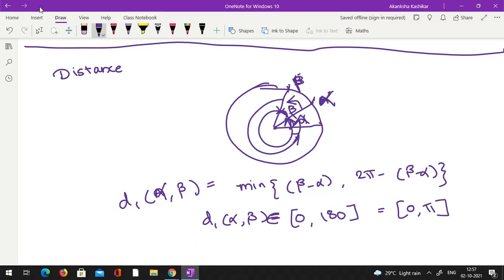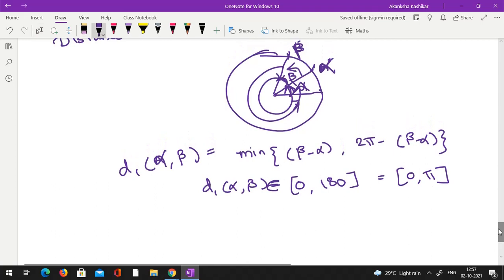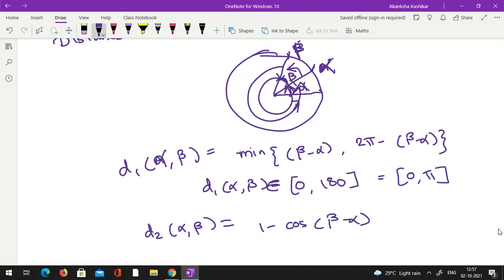This is one way of measuring distance, but there is another way also. You can define d2 of alpha, beta as 1 minus cos of (beta minus alpha). We know that cos of x is the same as cos of minus x, so it doesn't matter, I could write alpha minus beta also.